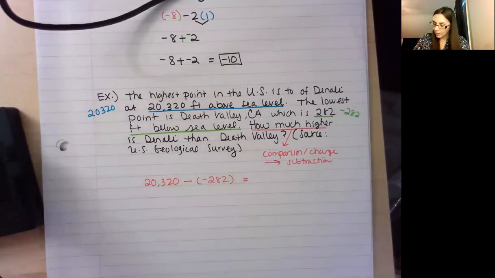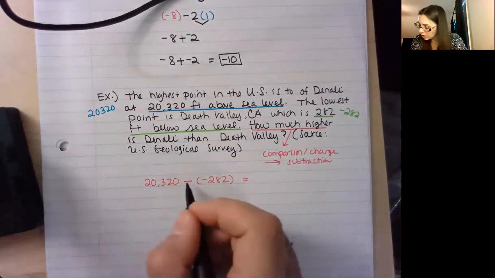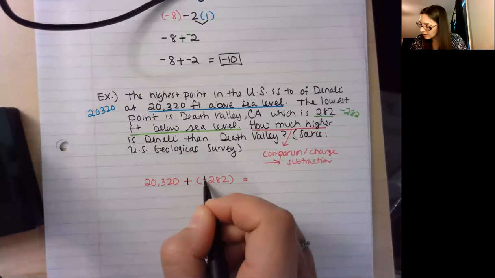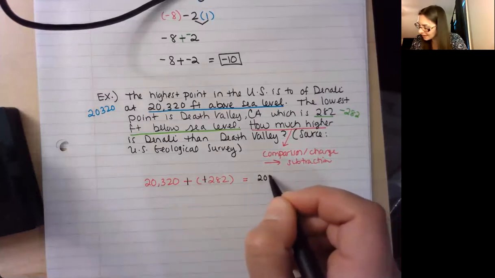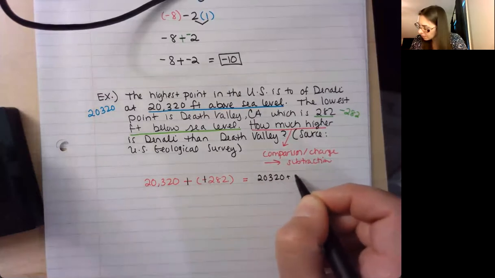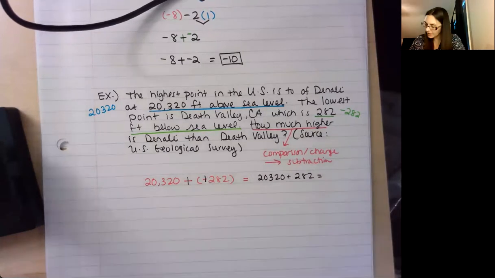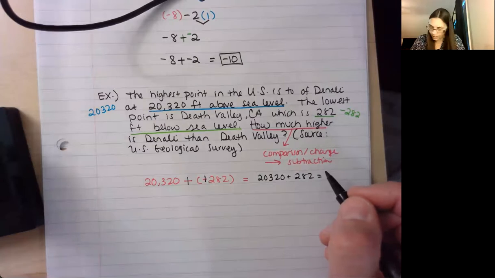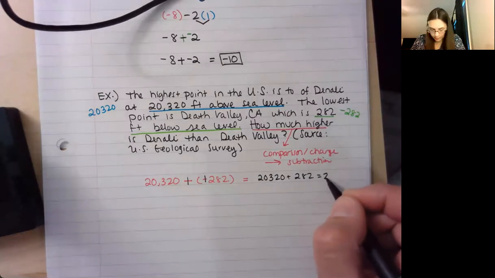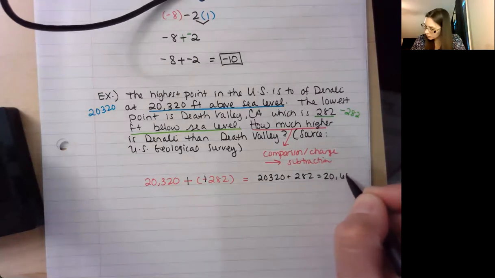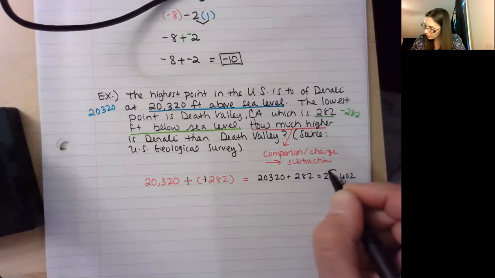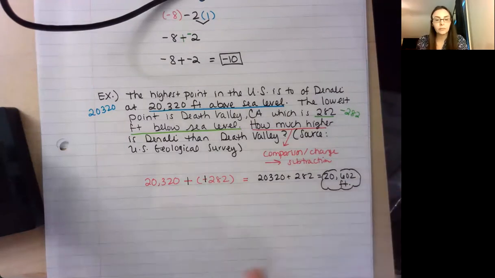So what's going to happen here is you're going to change to addition and change this to a positive. So you actually end up adding in this case to get the answer. And you could do this out. I'm going to save us a little bit of time here, and you're going to get 20,602 feet if you go ahead and add those together.